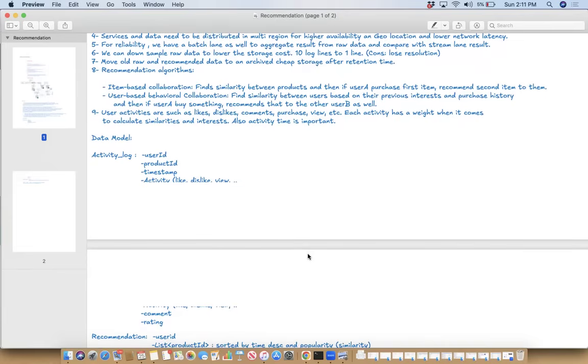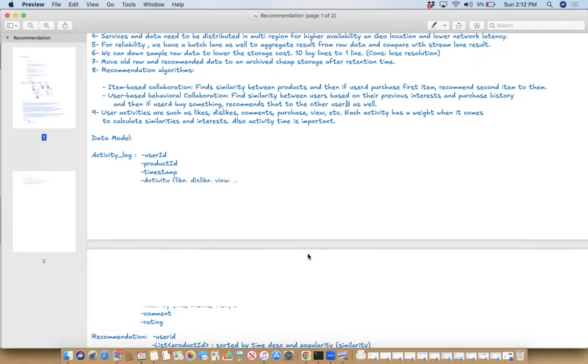User activities are such as likes, dislikes, comments, purchases, views. Each activity has a weight when it comes to calculating similarities and interest. This is important.